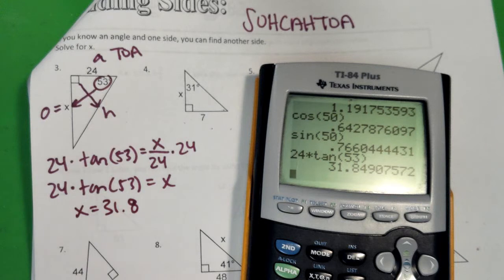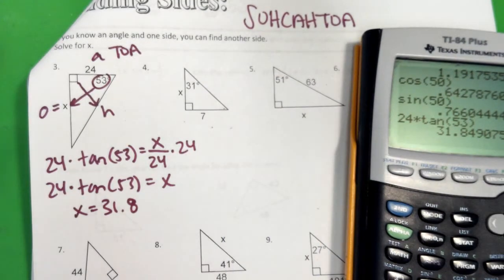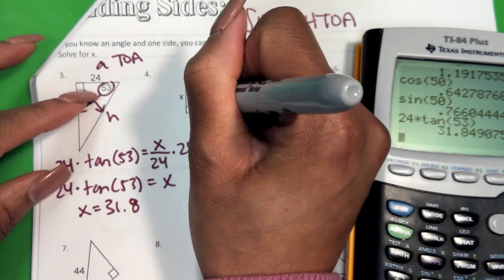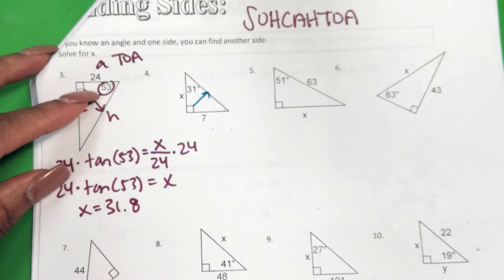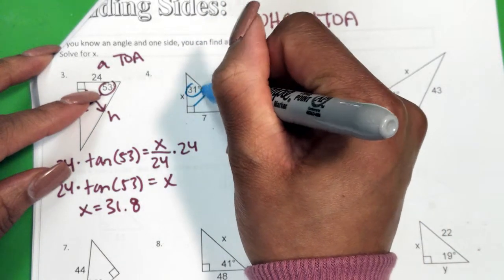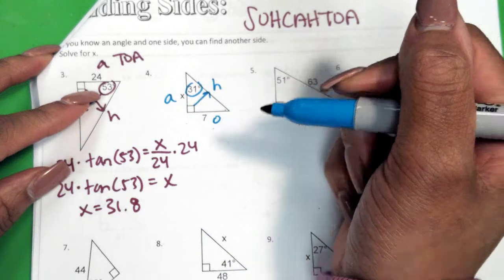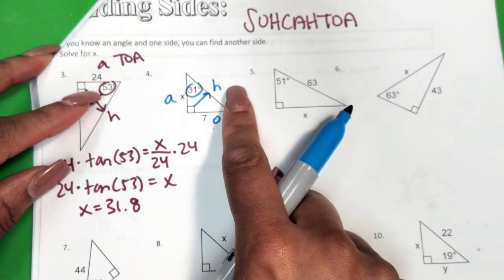Okay? So now let's do number 4. So number 4, I have my hypotenuse. And then what's next to my reference angle of 31 is A, and across from it is O. So now, can I really use my hypotenuse again?